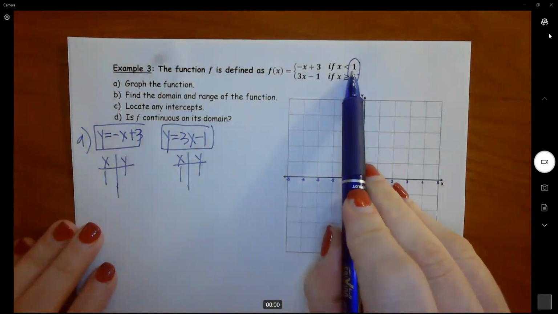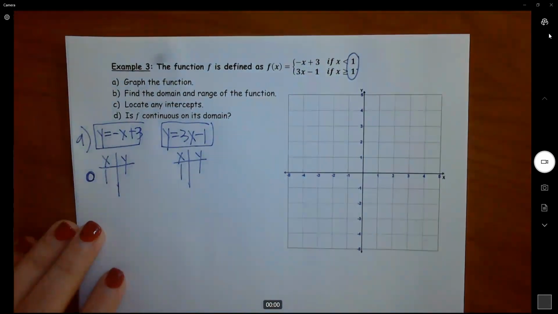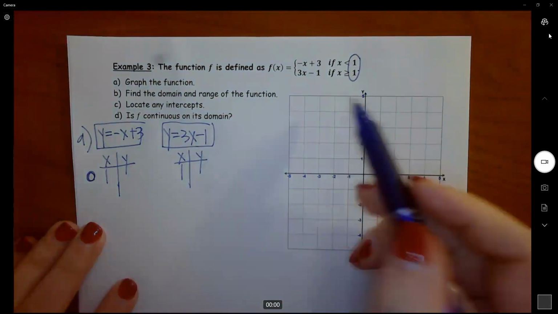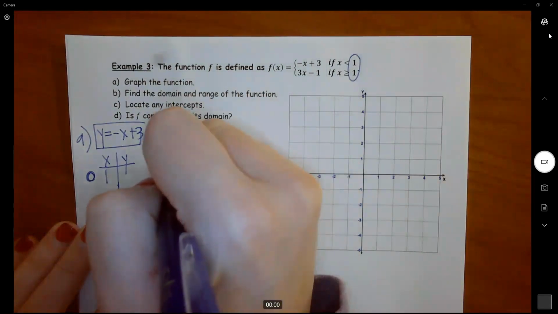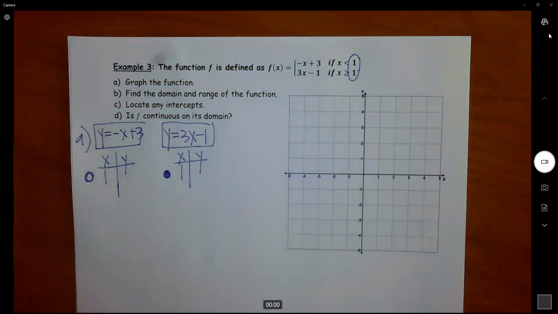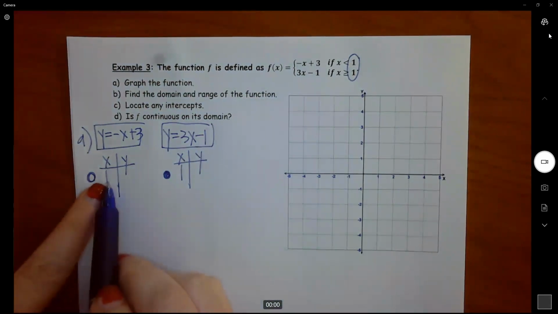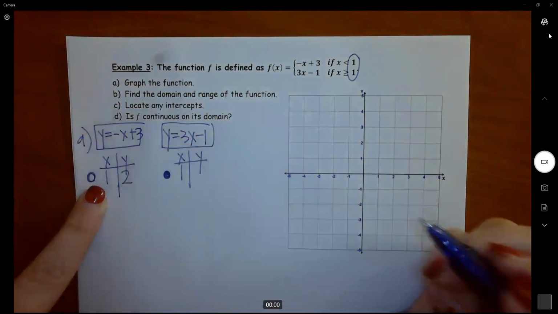In this first equation, 1 is not included, so that's going to be an open or a hollow circle. But it is included right here at 1, so this one will be your closed circle. Okay, when x is 1, you get negative 1 plus 3, so this is 2.